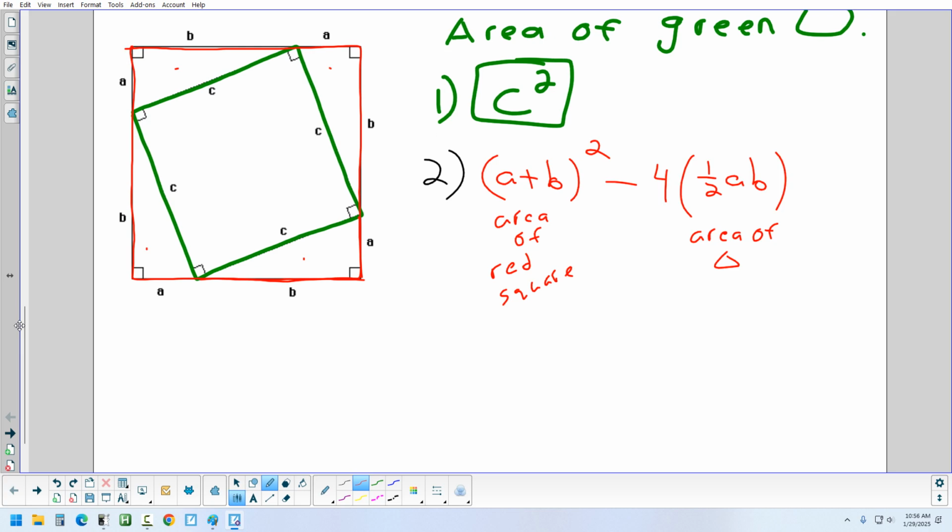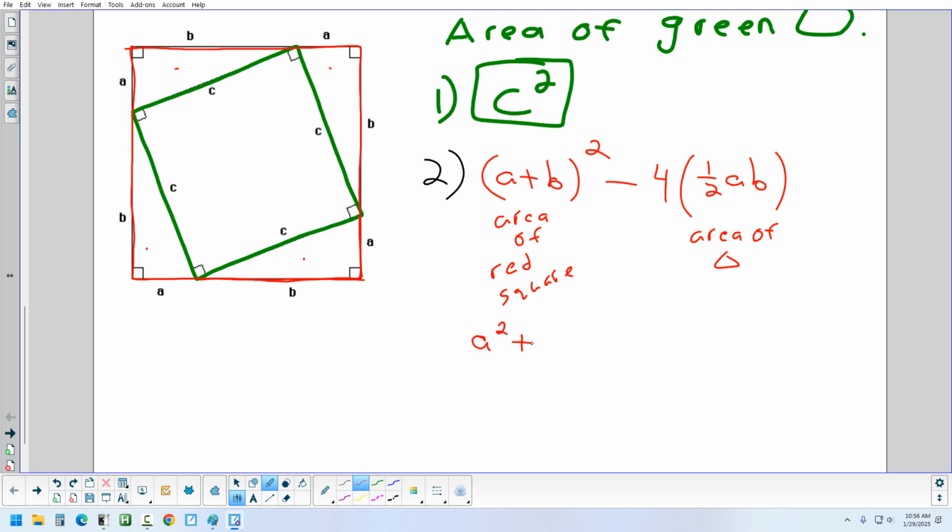Right. What do you get when you do A plus B squared? A squared B squared? Or A squared plus B squared? No. Never mind. What's A plus B squared? Yeah. A squared plus 2AB plus B squared.